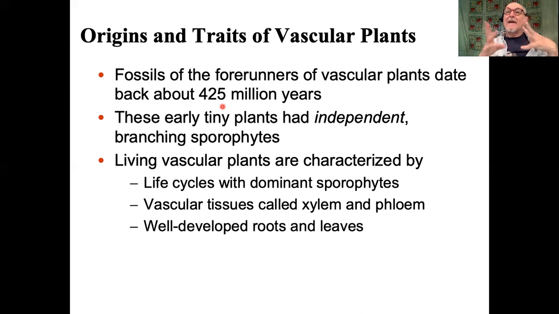The other thing is they have true leaves. In the gametophytes, although we call them leaves, the little flat things that come off the side, they're not actually true leaves. They're more like branches, flattened branches. A true leaf is an organ system in its own right. And we'll see a little bit more about structures later on.